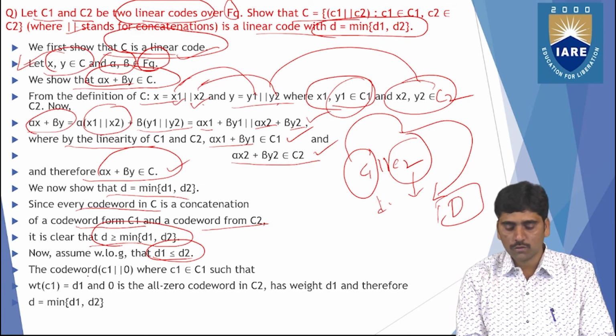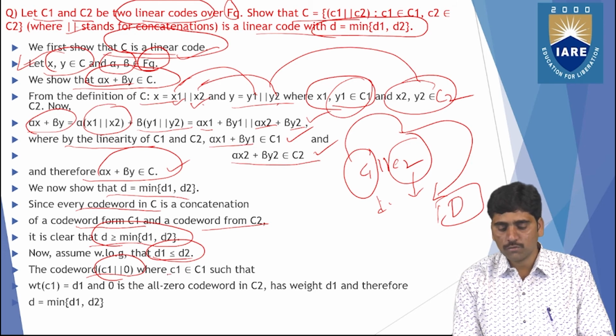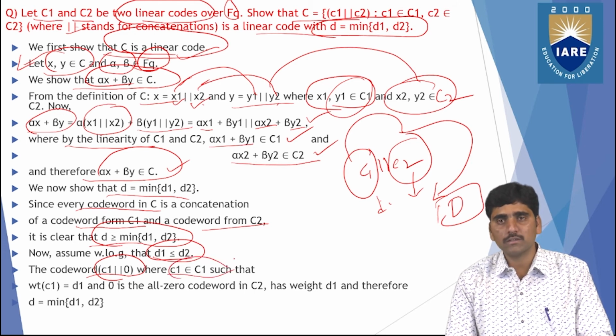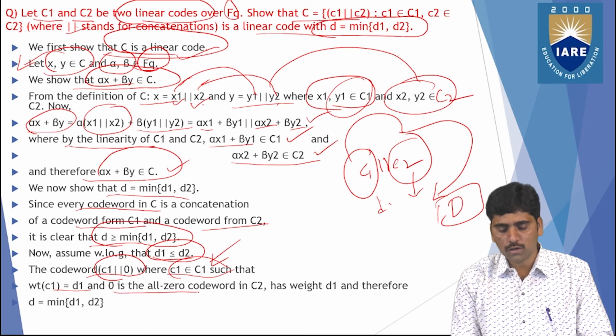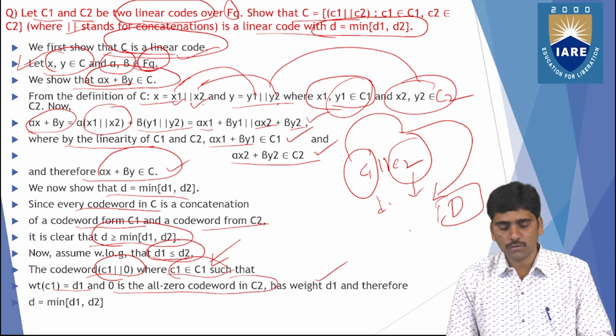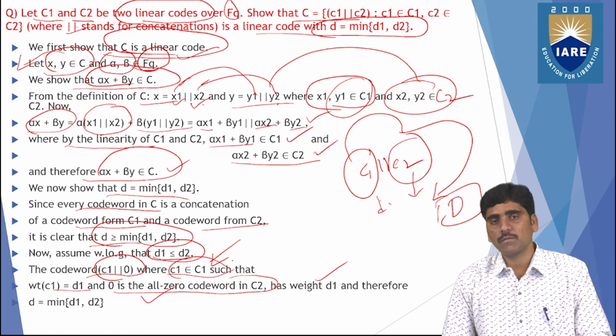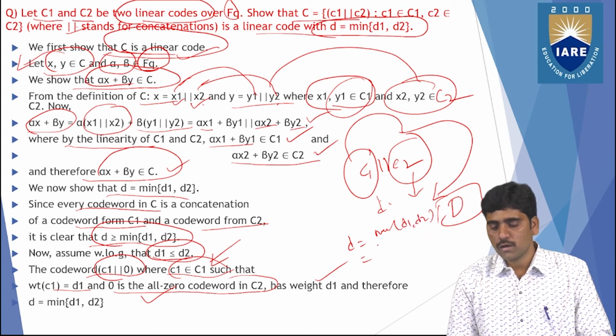So take the code word (c1, 0), where c1 is an element of the coset C1 with weight D1, and 0 is the all-zero code word in C2. So that has weight D1, and therefore the minimum is D1 comma D2, or you can say that D equals the minimum of D1 comma D2.